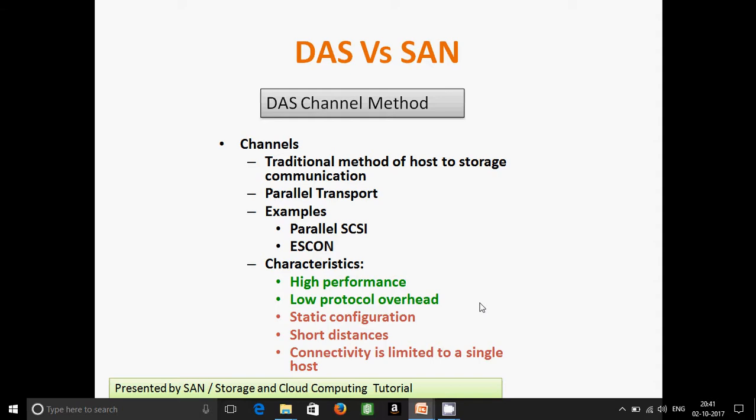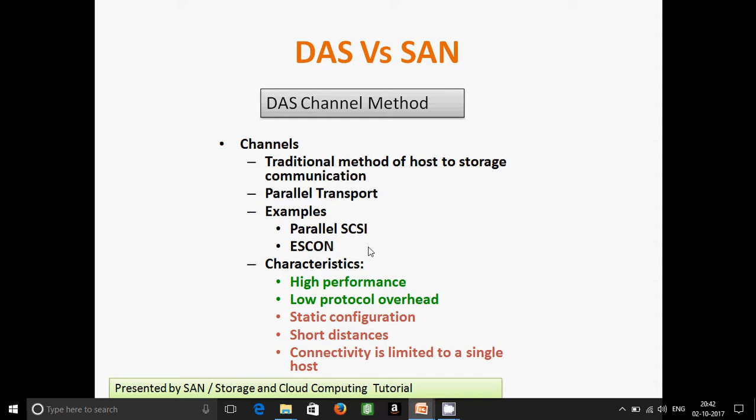That means there will be one storage and one server, and between them there will be one SCSI cable of parallel transport, as mentioned in this slide. Parallel transport, for example parallel SCSI cables, is generally used to transport the data over these channels from target to initiators.